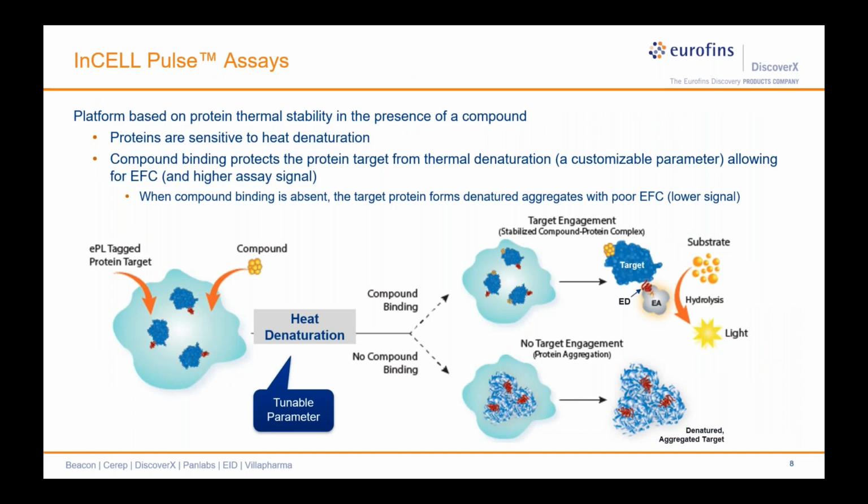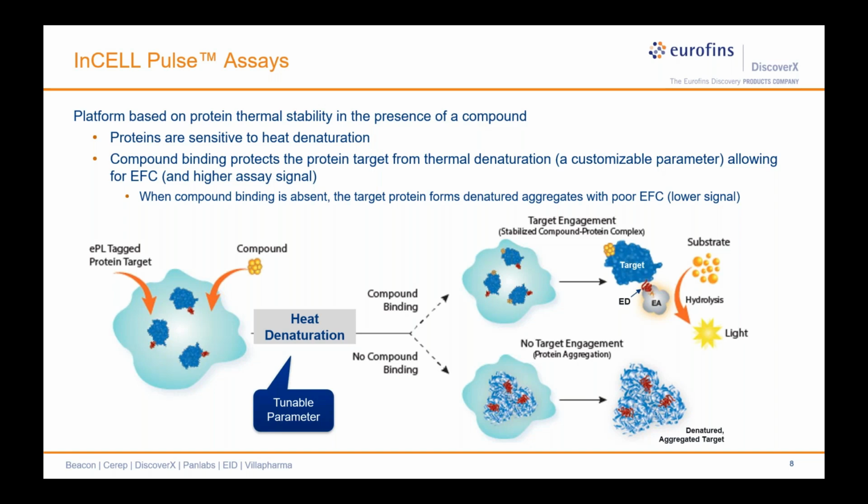Now I wanted to go more specifically into how the InCELL Pulse cellular target engagement assays are constructed and performed. Over here in the upper right part of this figure, I wanted to introduce you to DiscoverX's platform technology, which is used in these assays, called Enzyme Fragment Complementation, or EFC.